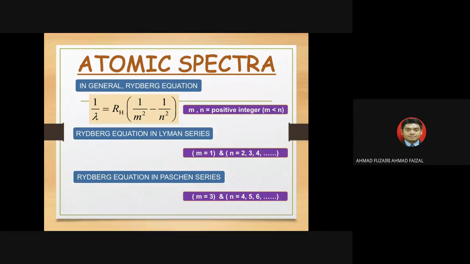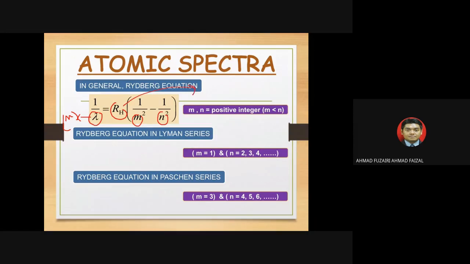So in general, the Rydberg equation is given by the following equation to calculate the wavelength. As you can see here, 1 over wavelength lambda, where lambda is in the unit meter, equals R_H constant multiplied by 1 over m squared minus 1 over n squared.